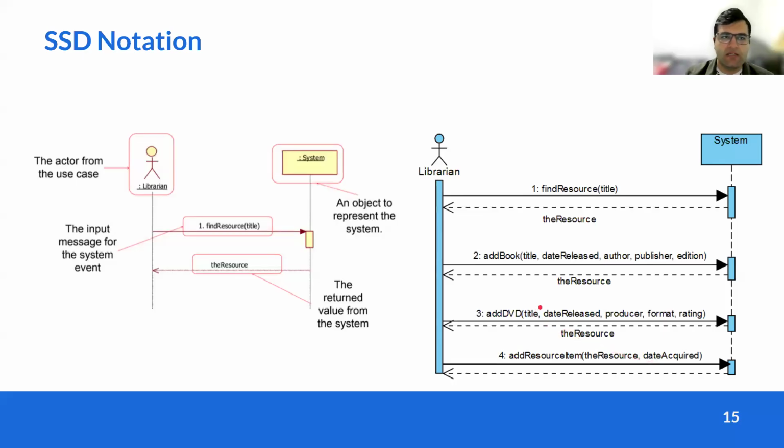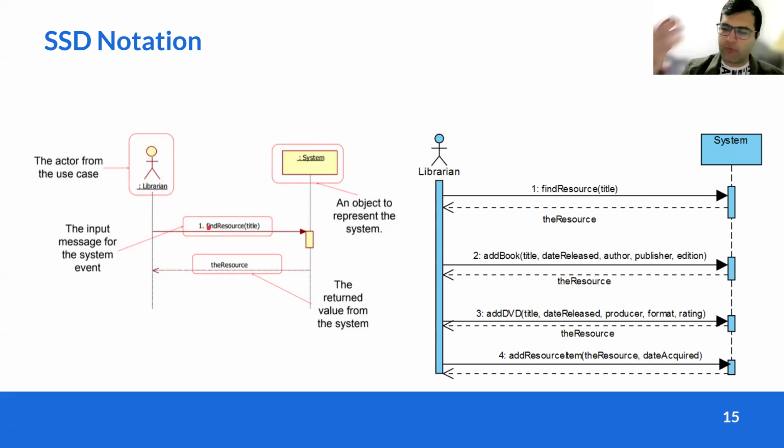So in an SSD diagram, you have the actor with a solid line underneath them. You have the system with a solid line underneath them, and then you have messages that pass between the two. The message from a librarian to the system would be an input message.